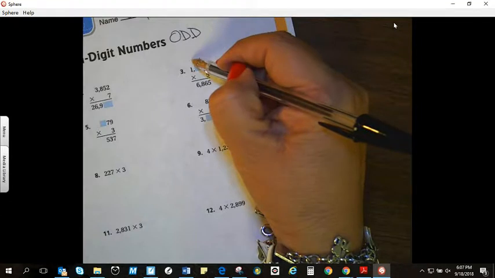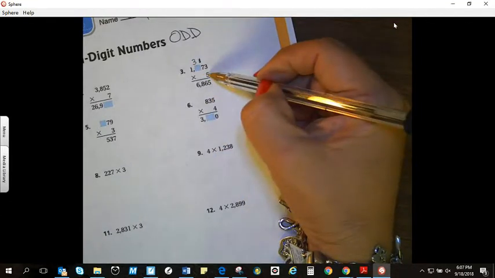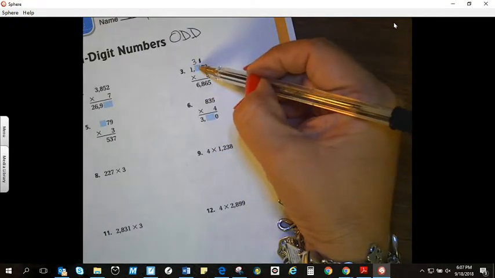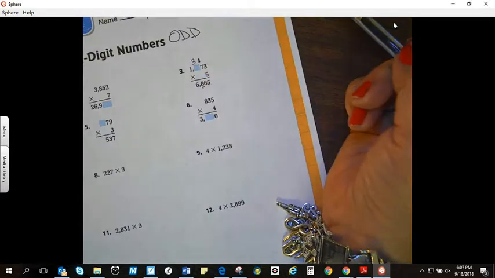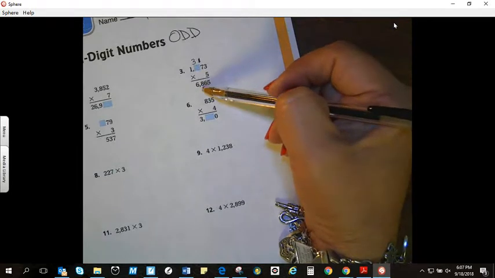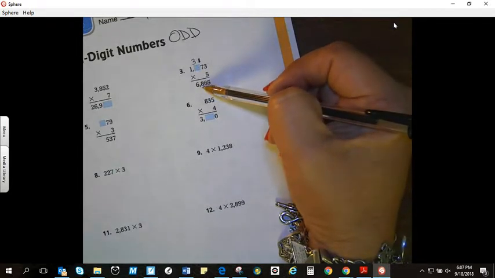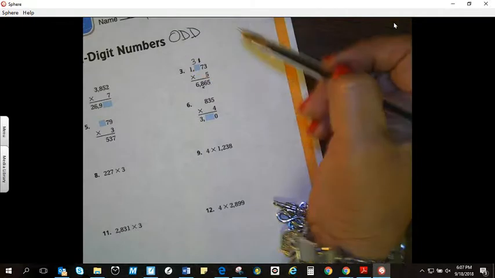Now I'm going to regroup my number here. Now it's 5 times something plus 3 is going to give me a number that I'm going to have in the bring down to 8. Well, it'll be 8 here, and then I'll have a carryover.